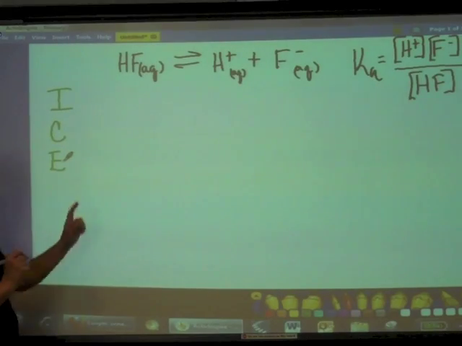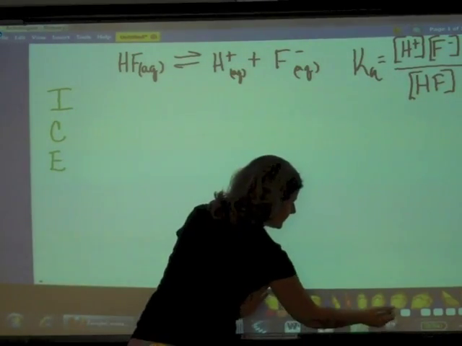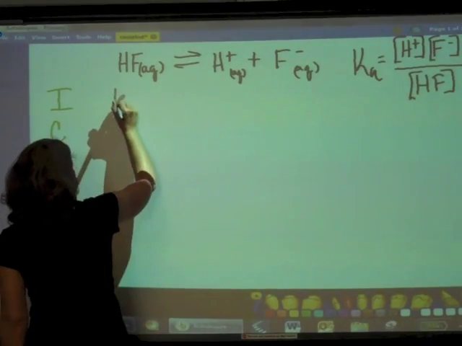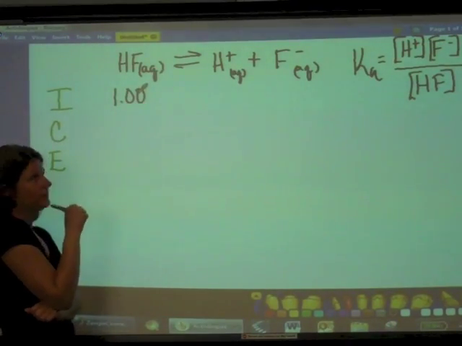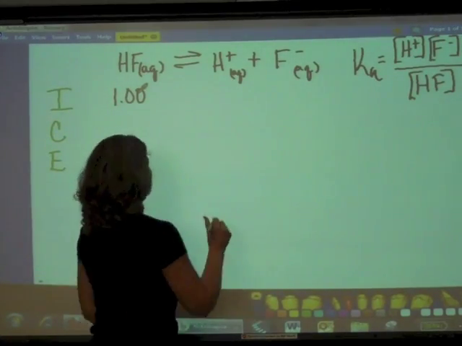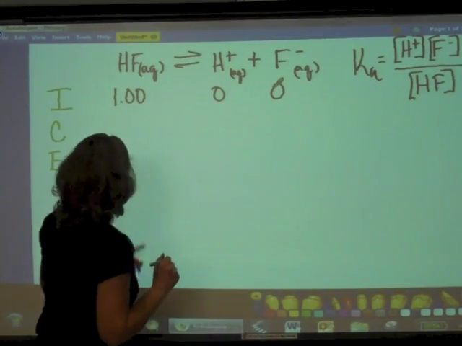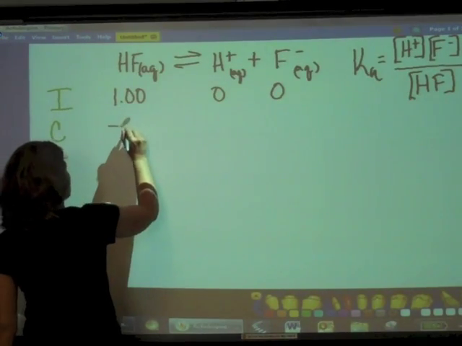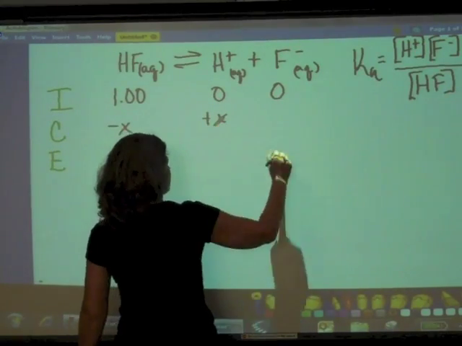Okay, so initially we start out with what? One molar. How much of these do we start with initially? We assume 0. We are going to lose. We are going to gain.